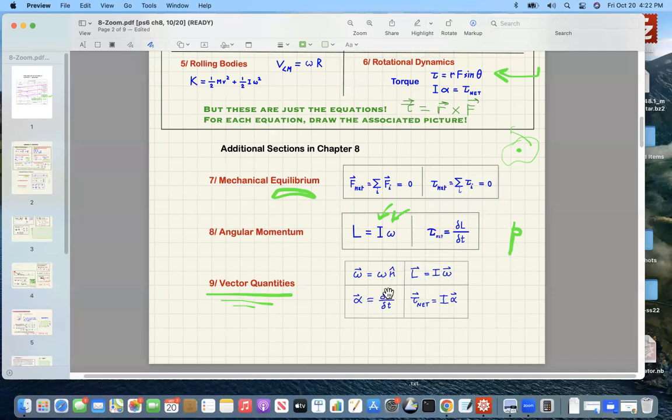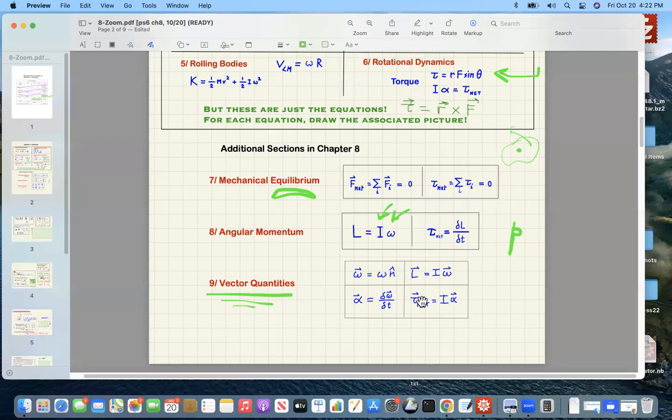And since omega is a vector, and alpha is the rate of change of that vector, alpha is a vector. It's the rate of change of the angular velocity vector.